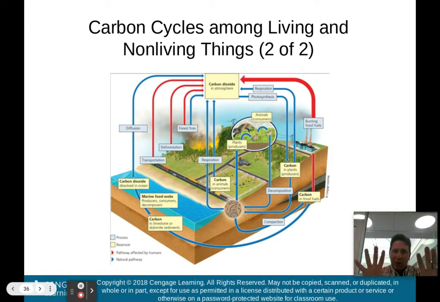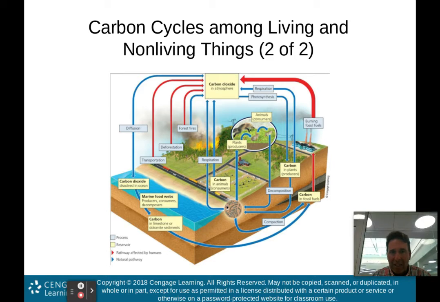So again, here's another chart for you or picture. Definitely have a general idea of what's going on here. Okay, we have carbon dioxide in the atmosphere. Again, you have forest fires, deforestation, transportation, right? Cars and stuff releasing fossil fuels, which is carbon, into the air, okay? But then we have some diffusion of that carbon coming back down into the ocean, sequestered in the ocean. Some of that carbon is sequestered in plants, right?